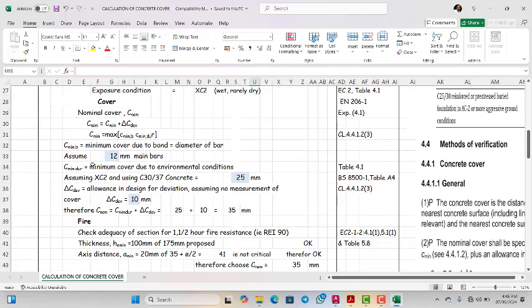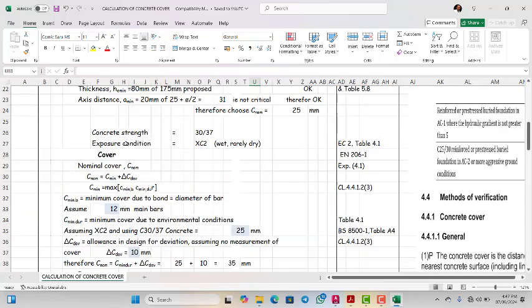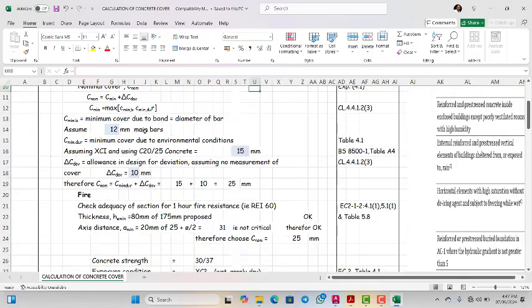In this case, we assume that we are using a 12 mm diameter bar. So for C min,dur, the minimum cover due to environmental condition, assume XC1 and using C20/25 concrete, we have this to be 15.